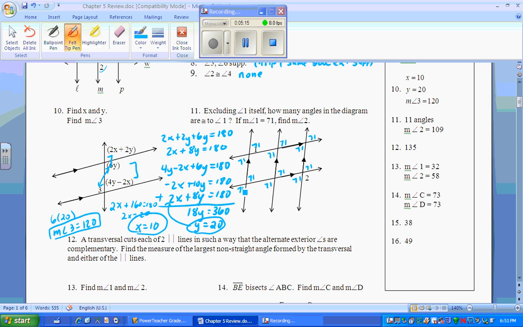So not including this angle, 1, 2, 3, 4, 5, 6, 7, 8, 9, 10, 11. So we got 11 angles. And the measure of angle 2, right next to the 71, 180 minus 71, giving me 109 for the measure of angle 2.